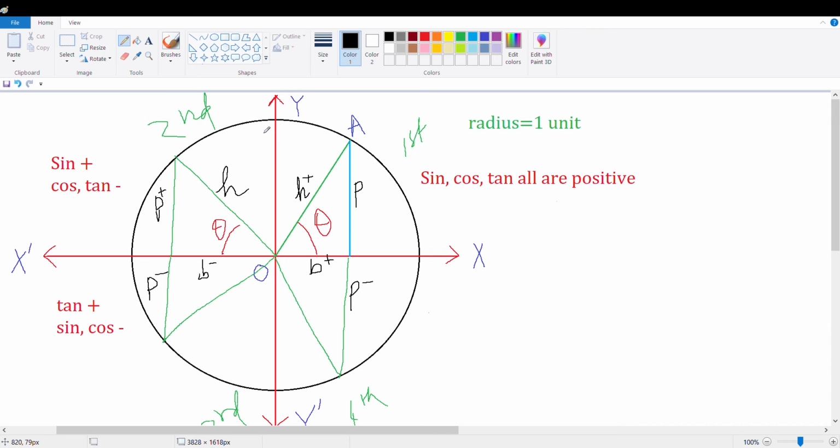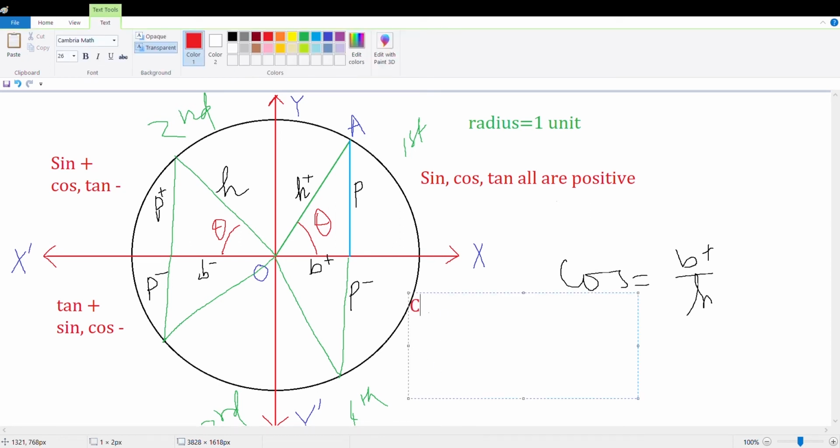So except hypotenuse, which trigonometric ratio only needs base? That is cos. Cos means base by hypotenuse, right? So base is positive, that means cos will be positive, except that all will be negative. So in fourth quadrant, cos is positive and sine and tan will be negative.